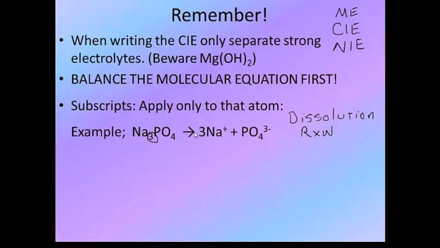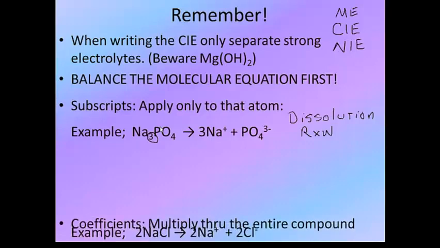Notice that this reaction, and this is super important, this reaction is electrically and atomically balanced. 3 sodiums, 3 sodiums. A phosphate, 4 oxygens, a phosphate and 4 oxygens. 3 plus, 3 minus, 0 charge, 0 charge, because all compounds are 0 charged.